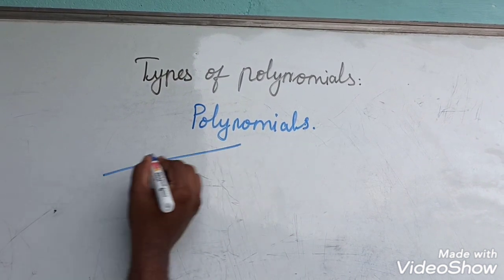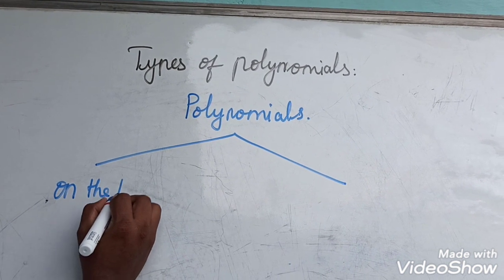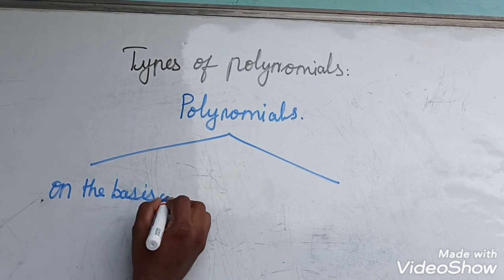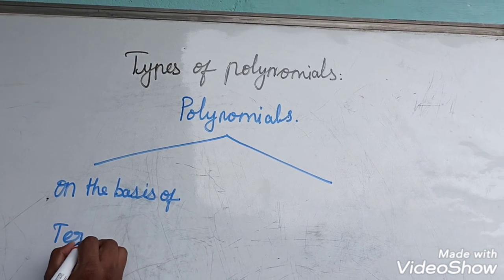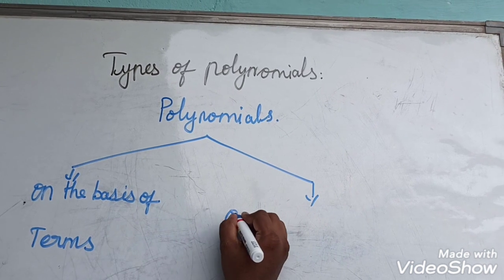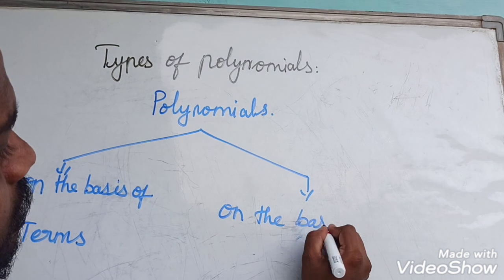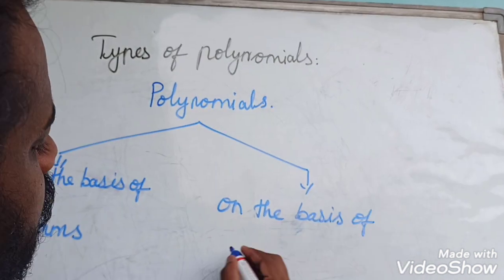A polynomial can be classified into two types: one is on the basis of terms, and another one is on the basis of degrees.